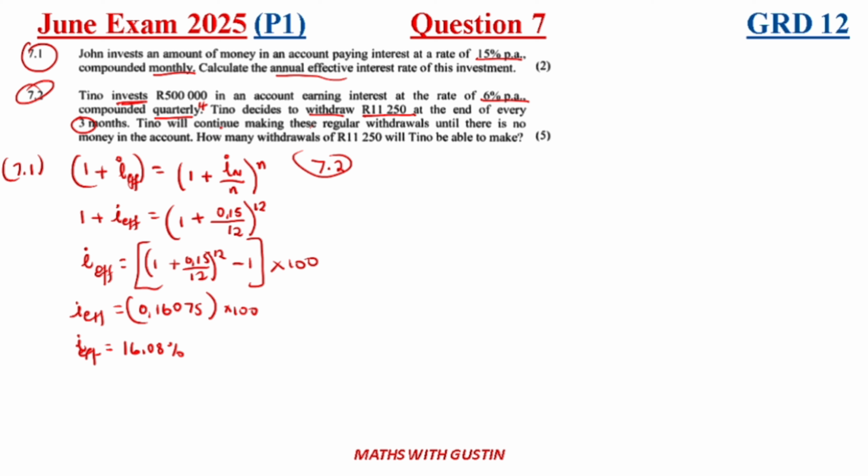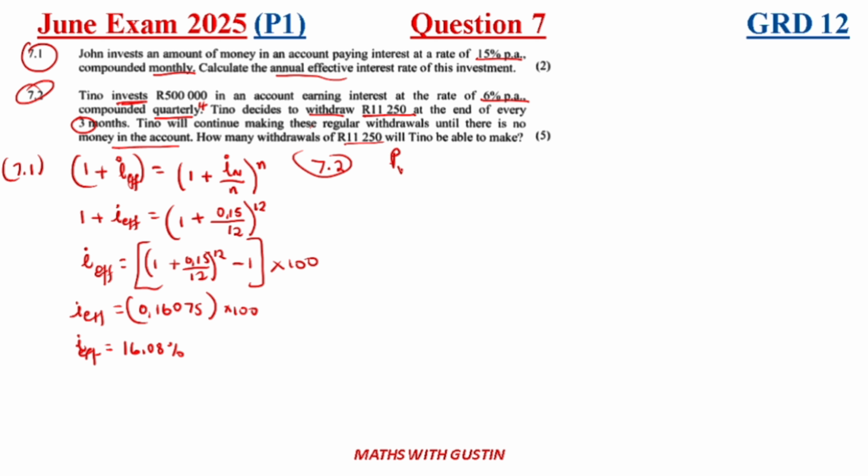Tino will continue making this regular withdrawal until there is no money in the account. So how many withdrawals will he make if he was to withdraw 11,250 from this investment? Keyword there, it's investment.